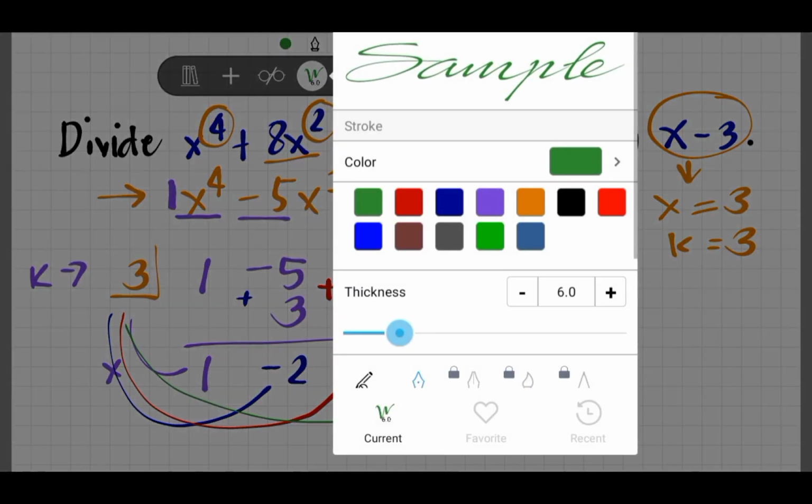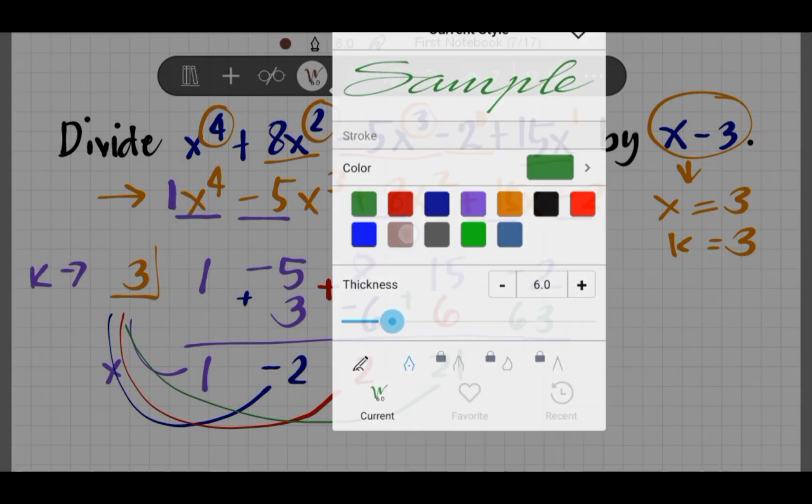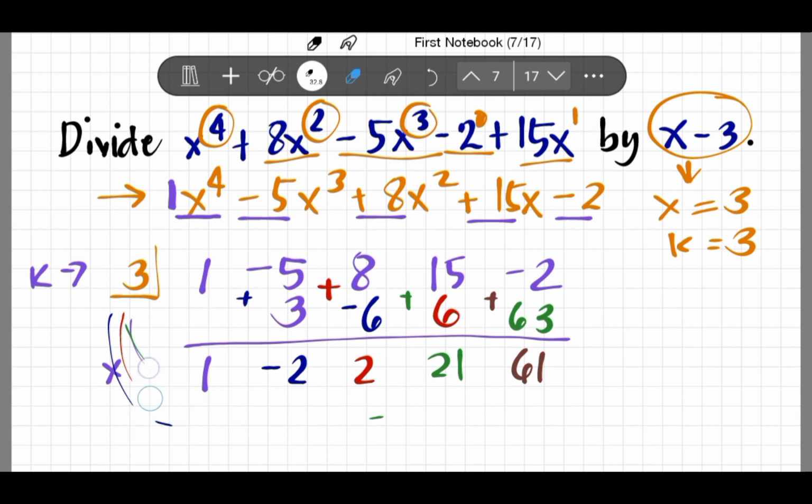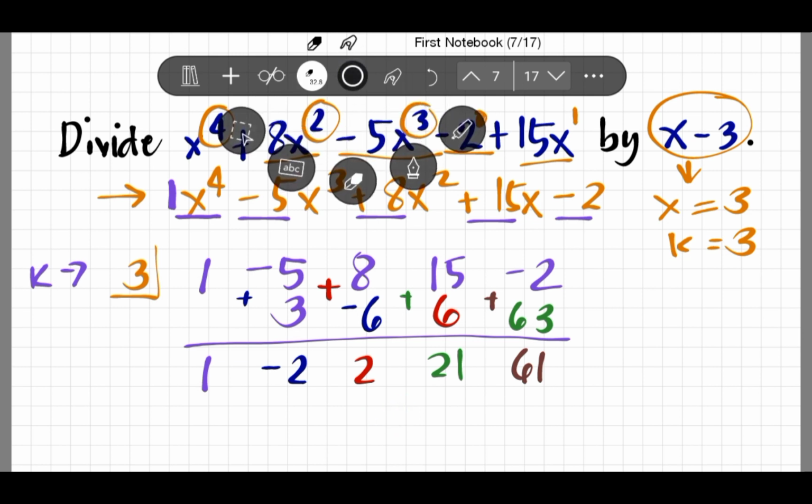So, next is, again, negative 2 plus 63 is positive 61. So, now let's remove all the arrows.